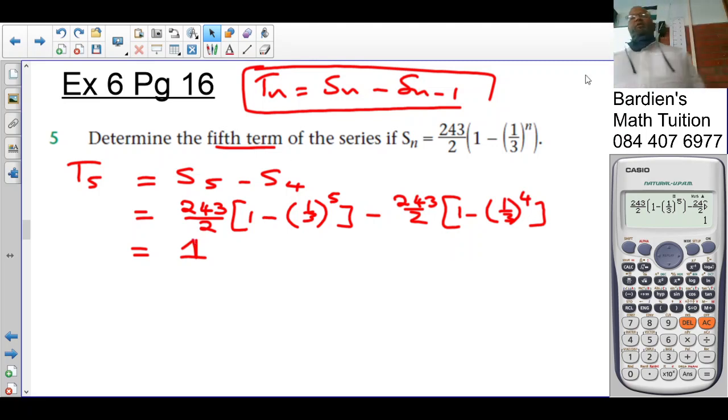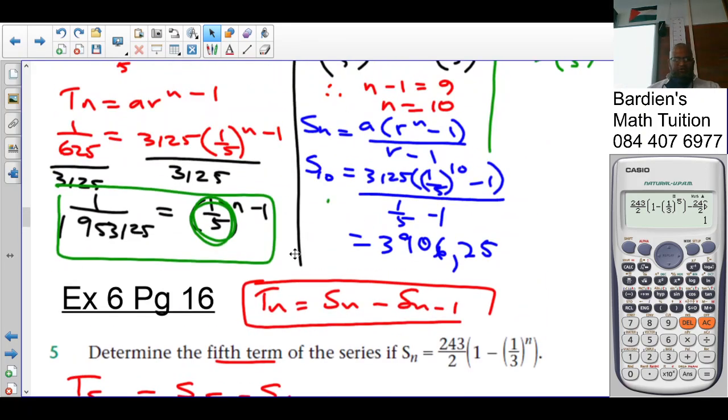So yesterday we spoke about the sum to infinity, and I asked you to read through the bottom of page 16, and then we spoke about a series that converges.